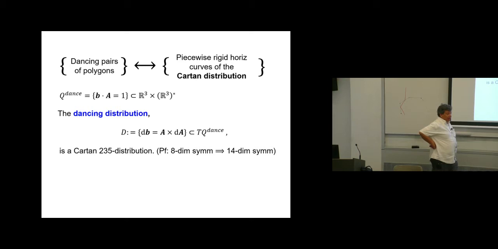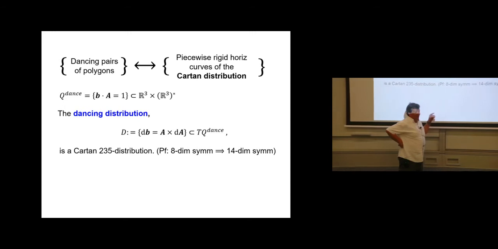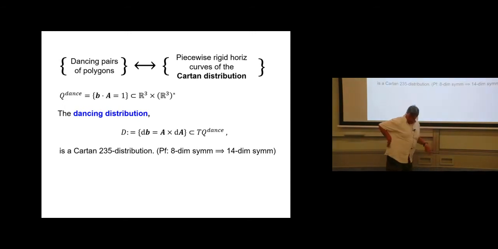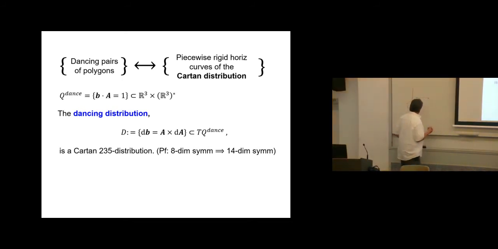Yes, but remember, one of my non-degeneracy conditions was that the point does not lie on the line. It's a good question. It means that the homogeneous coordinates of this point, a 3-vector, and the homogeneous coordinates of this one are not 0.